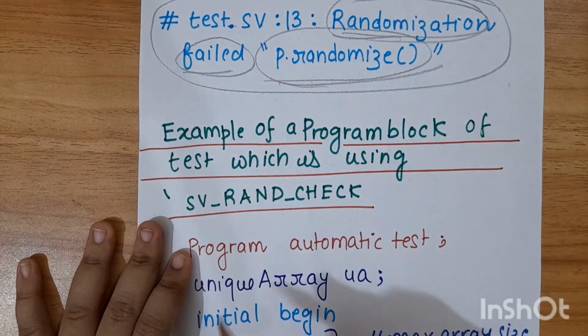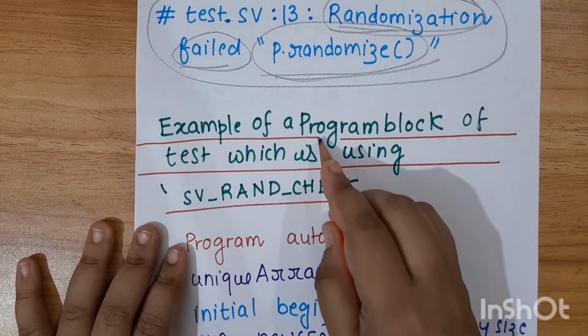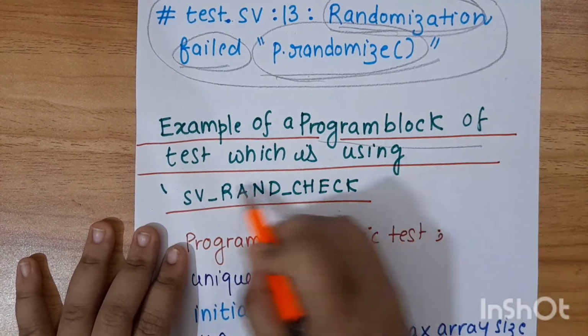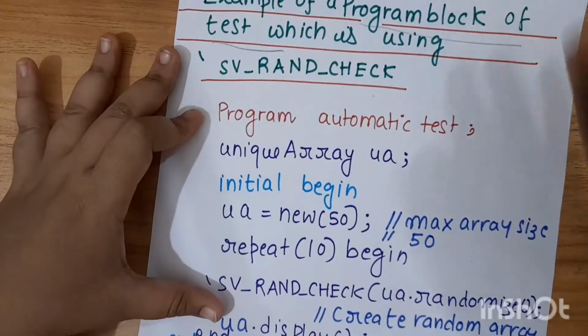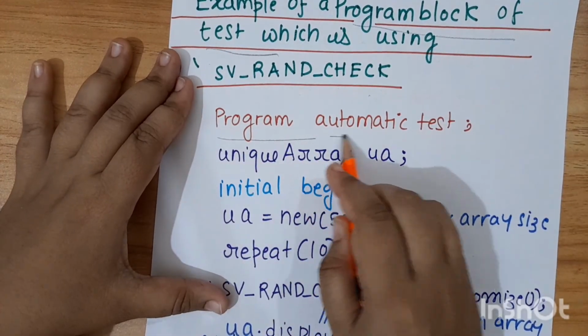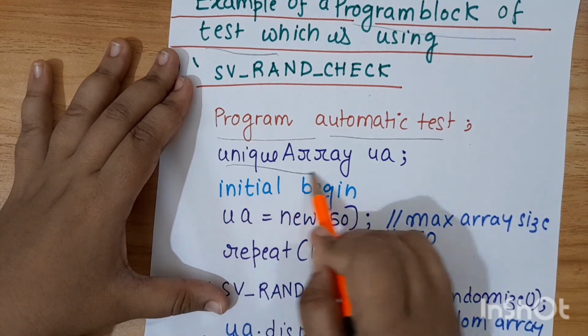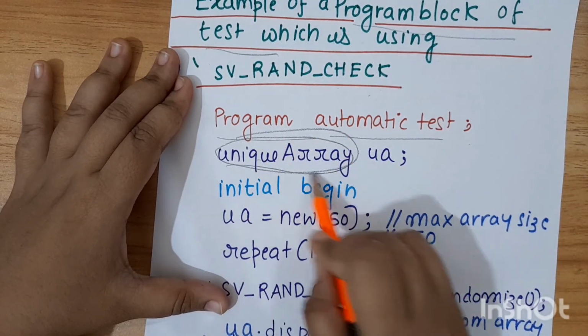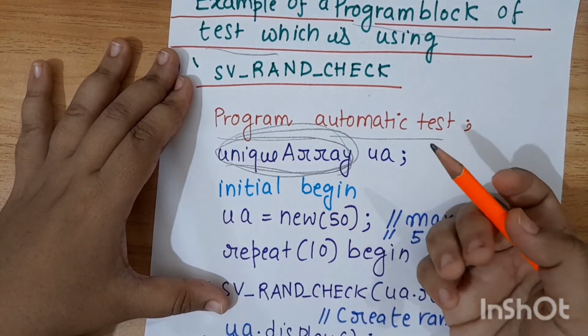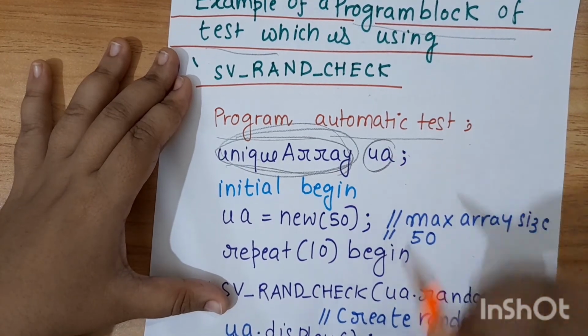Now we will show you an example of this usage of sv_rand_check in a program block of test. See, program automatic test semicolon. I have an array, so I have a data type unique array, a user defined data type, it is a class, UA semicolon.